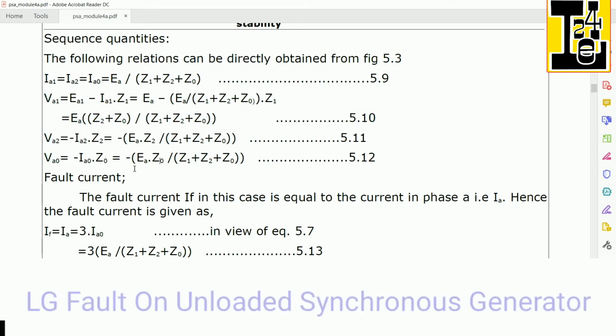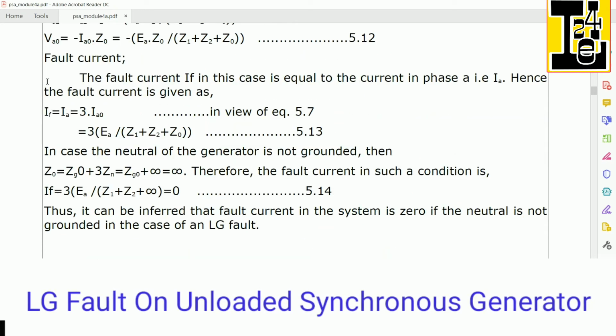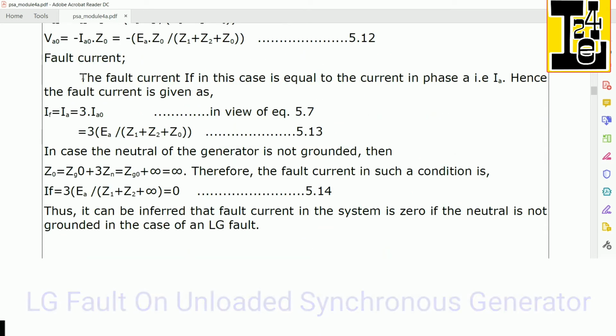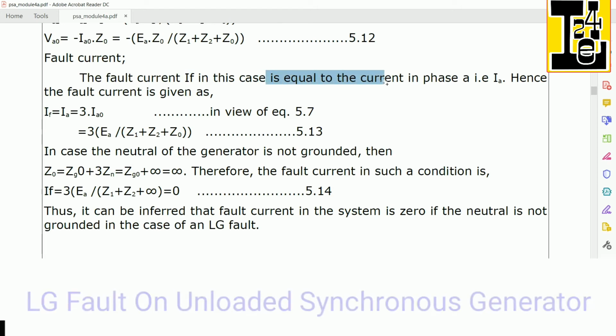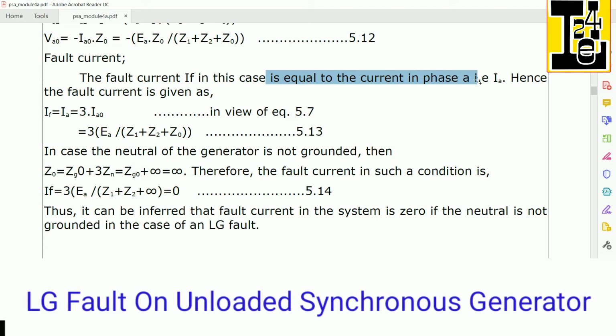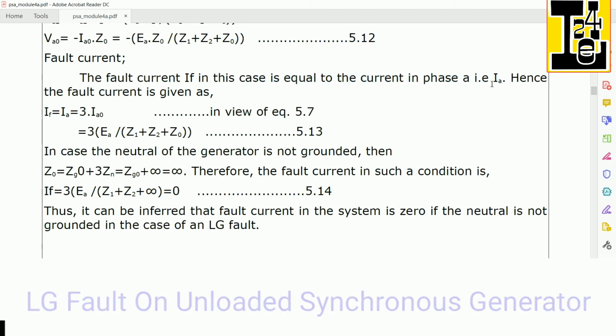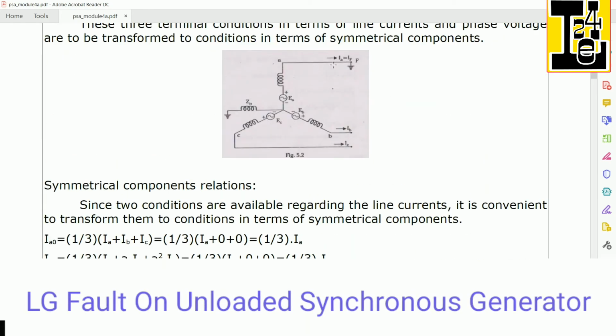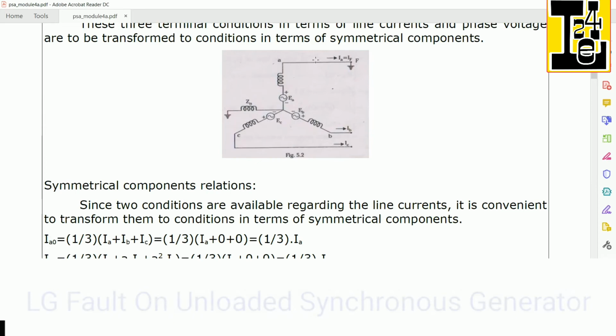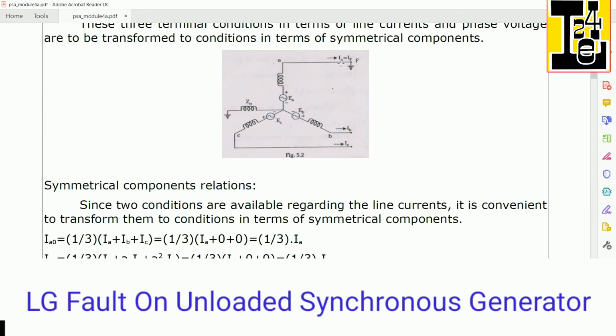Let's find the expression for the fault current. The fault current IF in this case equals the current in phase A, that is IA. You can observe here that the fault current IF equals the phase current IA.